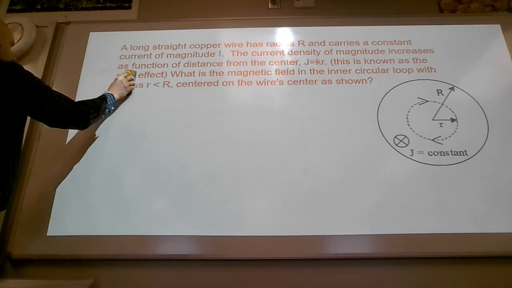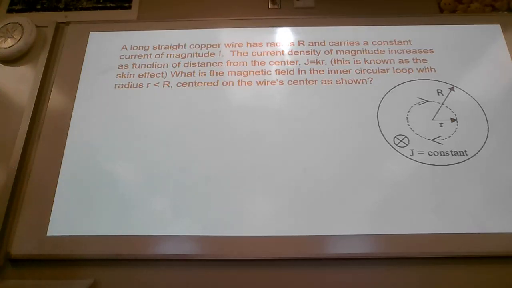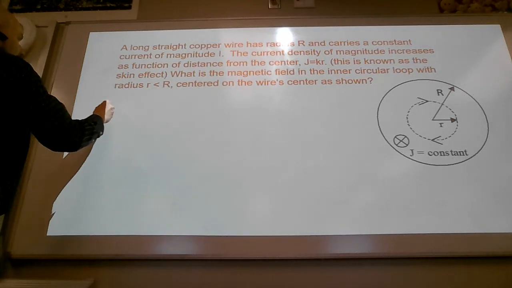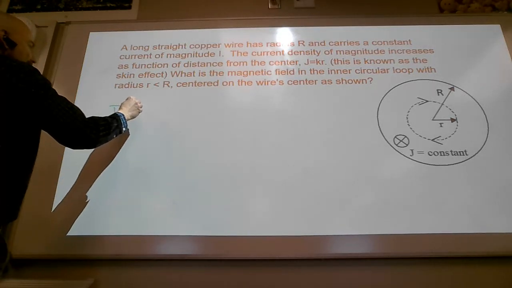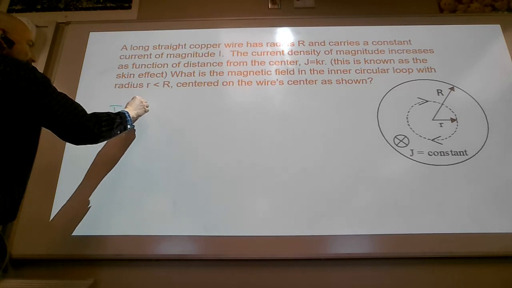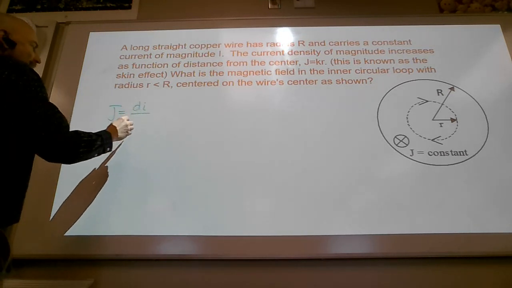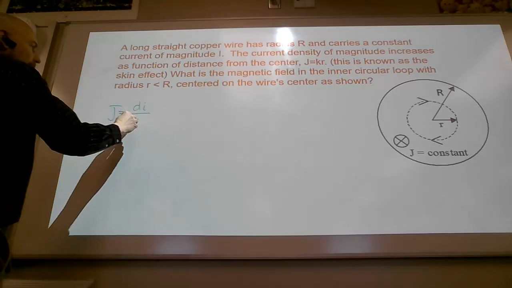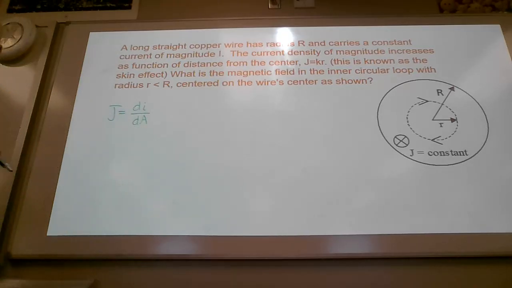So we have a little chunk of current over a little chunk of area. How are we going to divide this up? Specifically, the chunk of area, I need to know how to splice this out. How am I going to divide this?